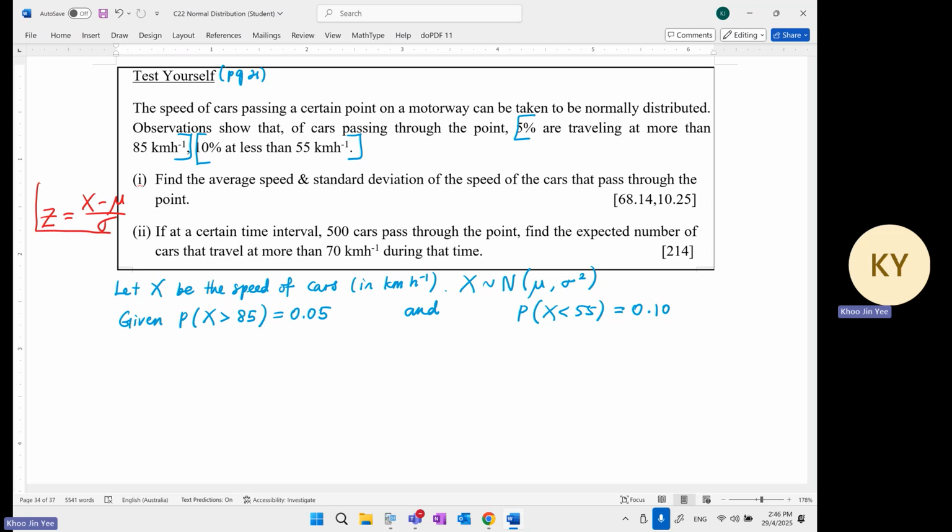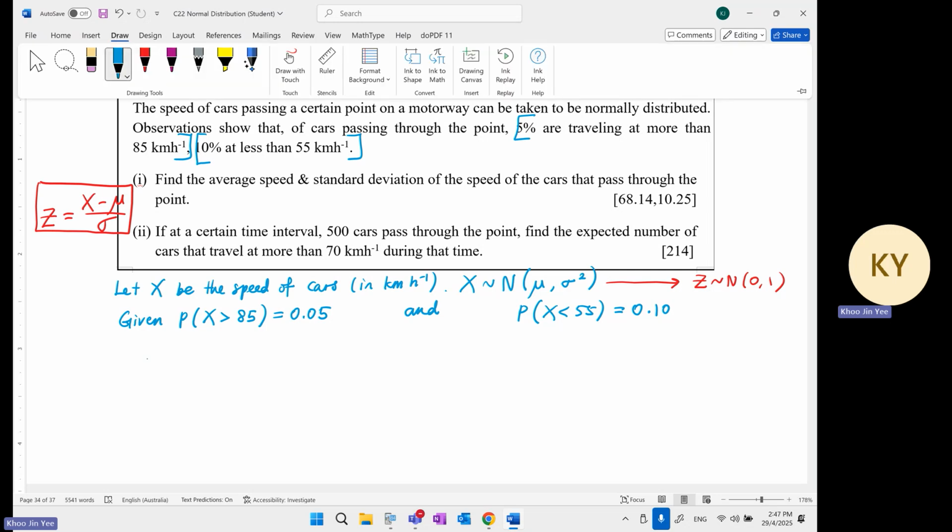So we make use of this formula, and because of this, we can change this to become Z, and this Z follows a normal distribution of 0 and 1. And so this is standardizing. So how do we do this?